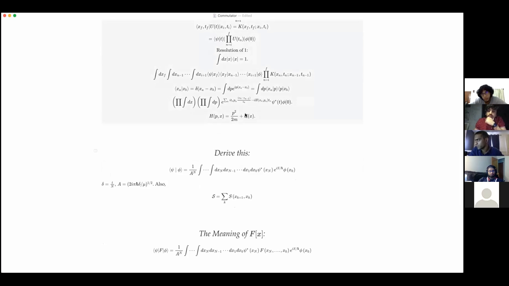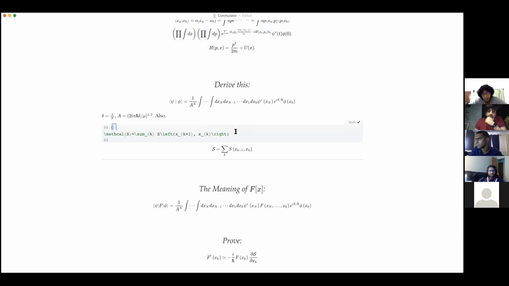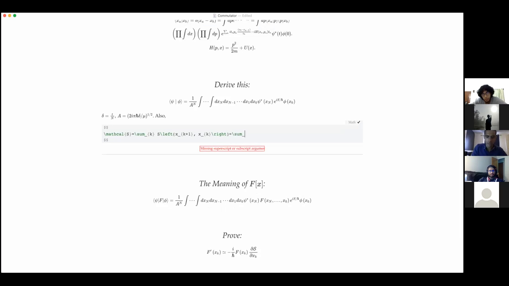And for a Hamiltonian that looks like this, could we guess what this sum is going to look like? So it's a sum over k.